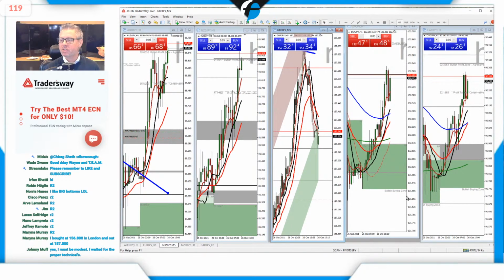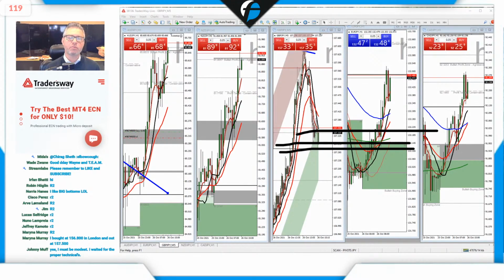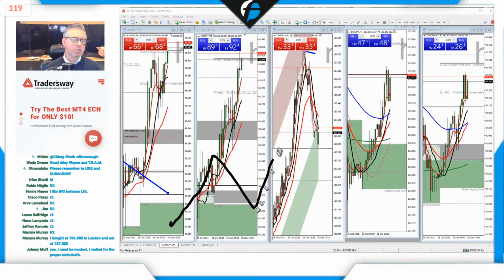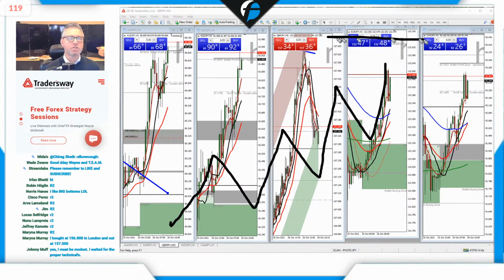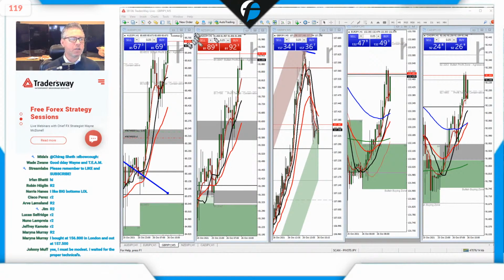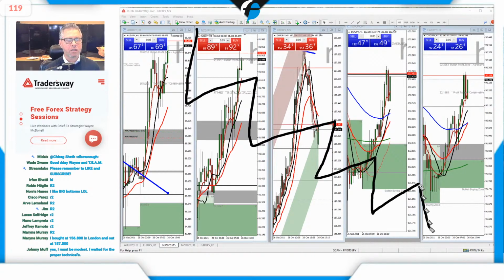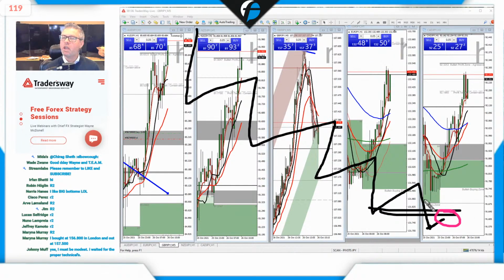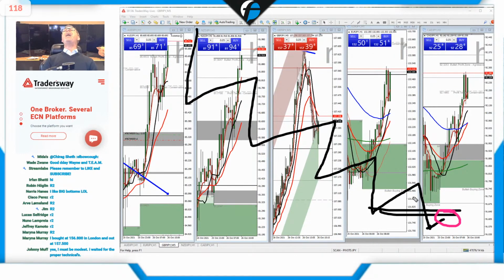If resistance is still above your head, and I don't mean like this type of resistance where the market is going up and you have resistance up here. That's a take profit zone. But if the market is like this and you're still in this zone, I would never ever in a million years recommend a buy.